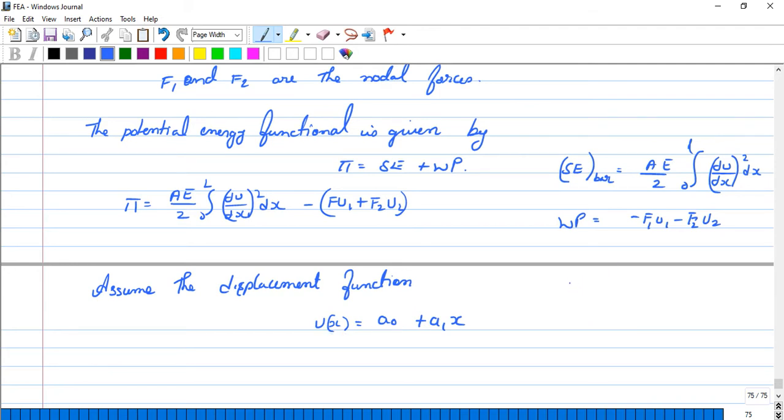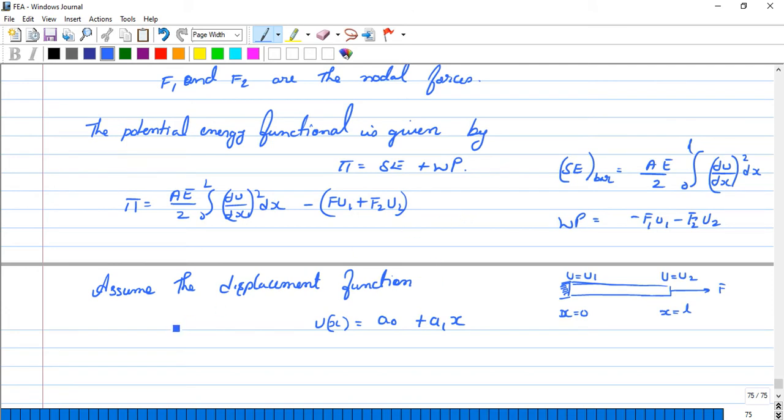Let me write the figure here so that it will be easy. We have a bar fixed at one end and subjected to force F. Okay, so this end is fixed, so there the x distance will be 0 as well as u will be 0. We consider u as u1 displacement, and at x equal to L, we consider u as displacement u2.